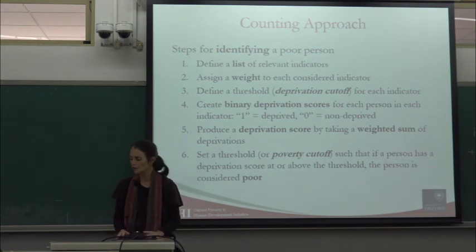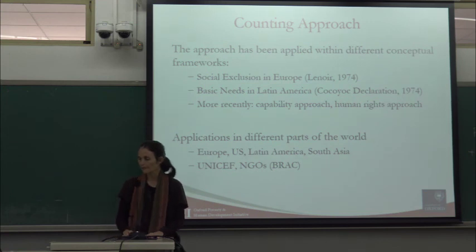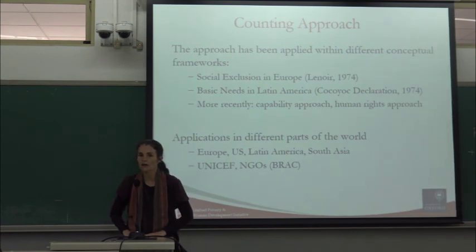It's used also by many other empirical work. So for example, already back in 1974, Lenoir spoke about social exclusion in Europe. And he was using counting-based approaches, identifying people as socially excluded if they lacked X or more achievements.